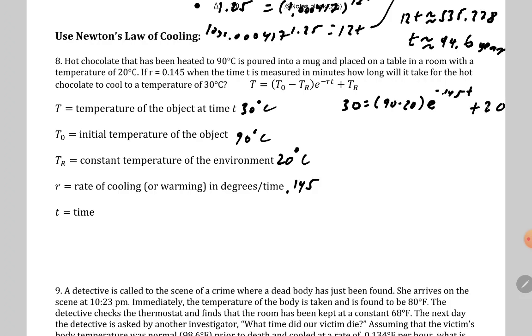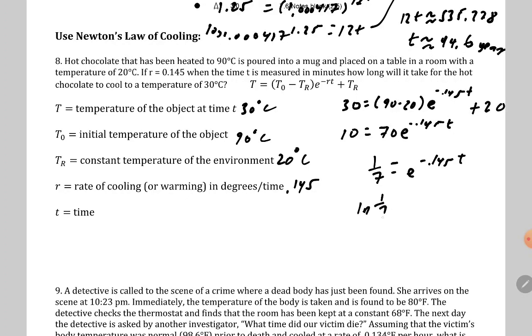Okay, so I'm going to get rid of this plus 20 by moving it over. So I'll get 10 equals 90 minus 20 is 70 e to the negative 0.145t. Okay, divide by 70 and I'll get 1 over 7 equals e to the negative 0.145t. To get rid of e, we're going to take the natural log of both sides.